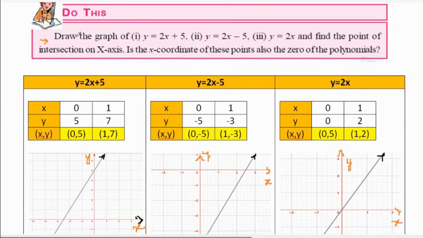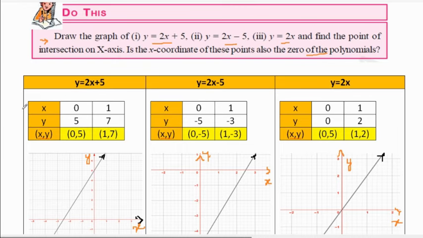Do this. Draw the graph of y is equal to 2x plus 5, y is equal to 2x minus 5, and y is equal to 2x. And also find the zeros of the polynomial. So all these are linear polynomials, and we know that linear polynomials are straight lines in the graph.